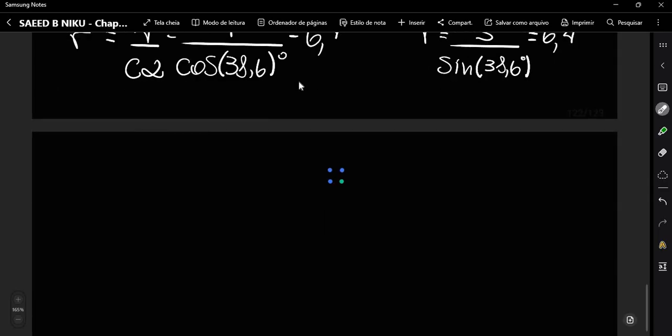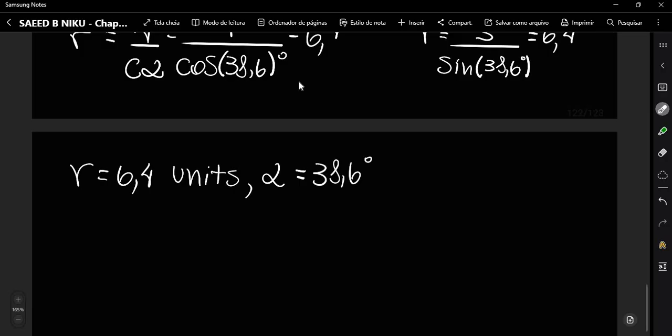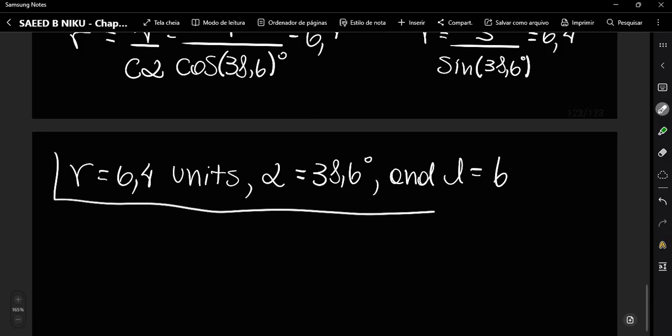So the final answer is R equal to 6.4 units, with an alpha of 38.6, and L equals 6, and this is the answer.